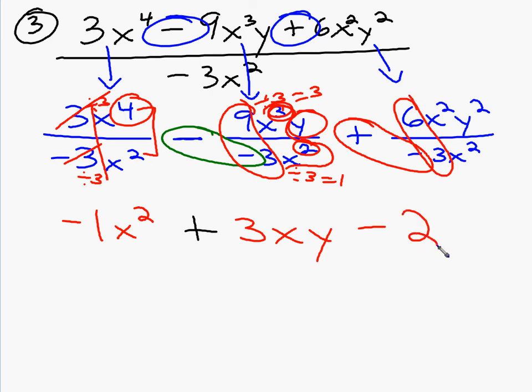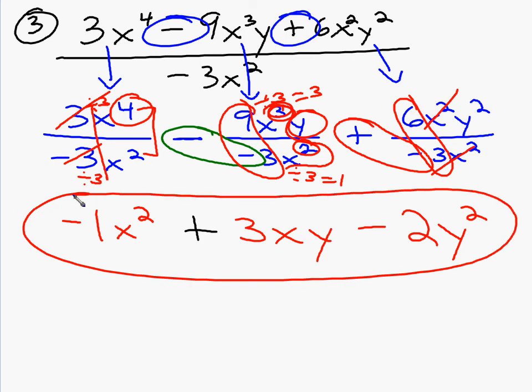And what happens to the x squareds? They completely go away. And then I just have a y squared that remains. And that is my final answer. All three of those terms are different. They are not like terms. So this right here is my final answer. And we will stop there for today.